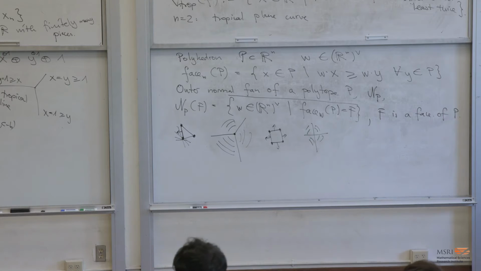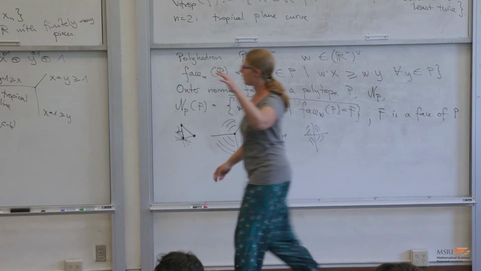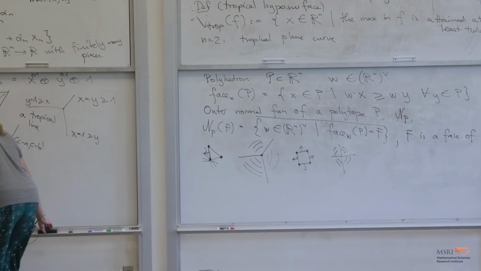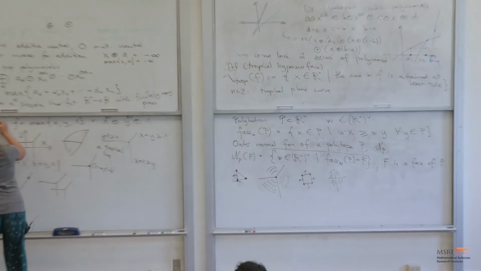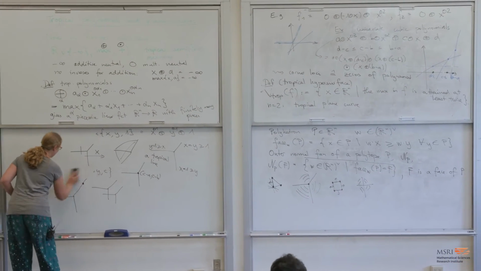And I can tell you already now, there's no way to avoid it. If you live in tropical geometry, you have to live with this choice. You can't decide to use only one convention forever, because as soon as you start discussing dual problems somehow, you have to live with the other anyway. Okay.